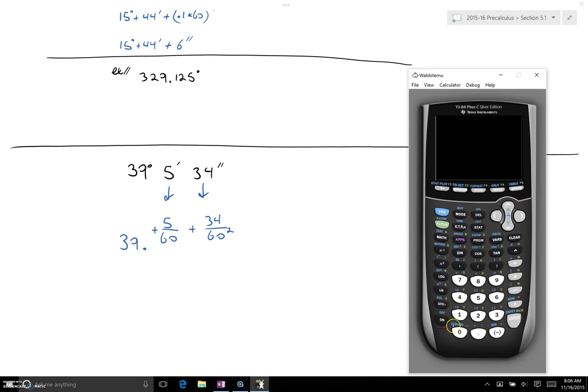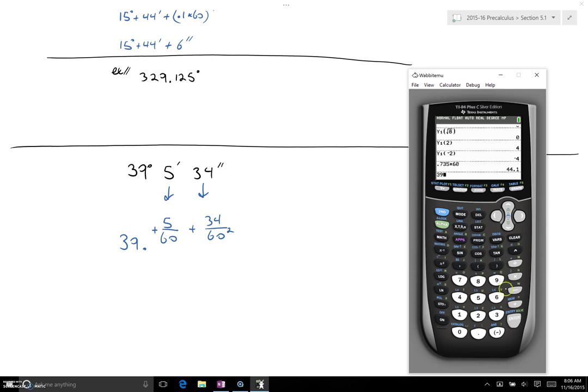So putting that together, we're going to have 39 plus 5 divided by 60 plus 34 divided by 60 squared. And that gives us 39.09. We'll just round it.